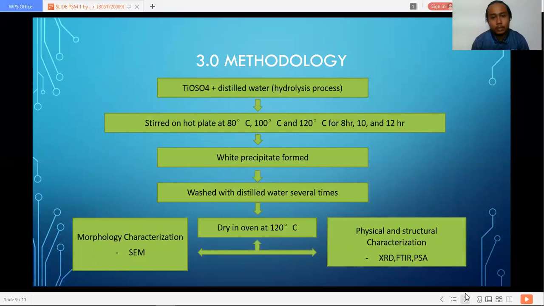Then this white precipitate will be washed with distilled water several times and filtered. We dry it in an oven at 120 degrees Celsius. After that, for the morphology characterization, we will use SEM, and XRD, FTIR, and PSA will be used for physical and structural characterization of the product.